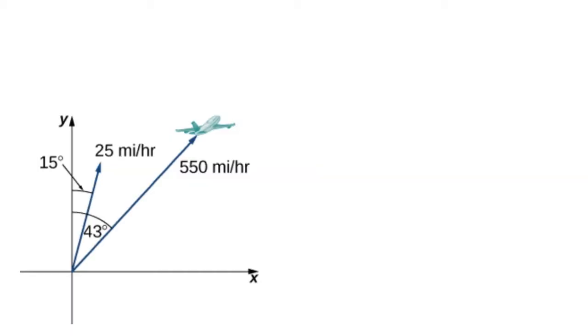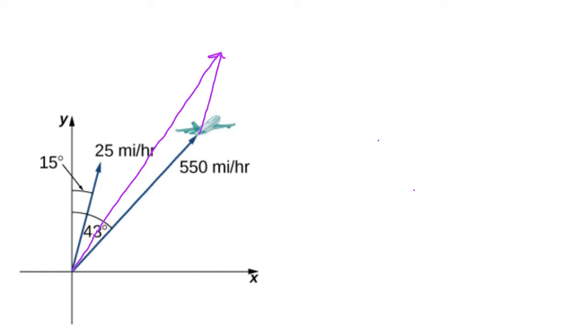To begin, if we slide our velocity vector for the wind up to the end of the velocity vector for the airplane, we get something that looks like this, so that our resultant vector looks like this.